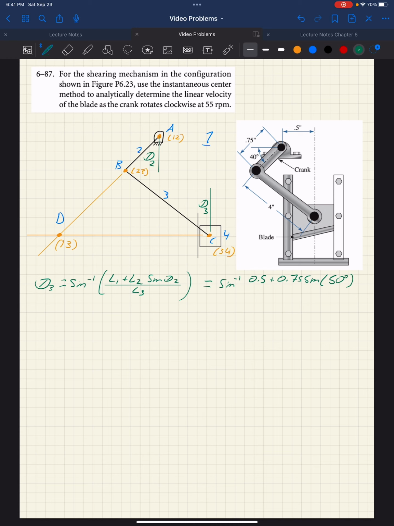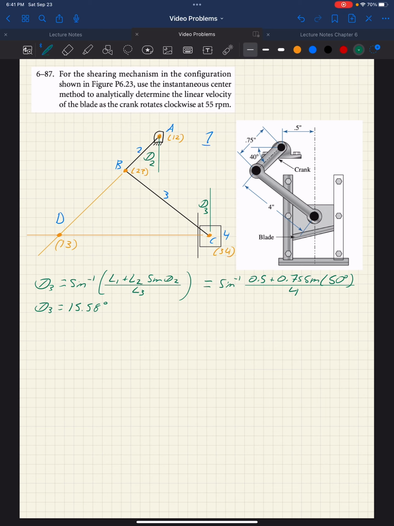And that's divided by L3, which we're given as 4 inches. And with that, we get theta 3 equal to 15.58 degrees.